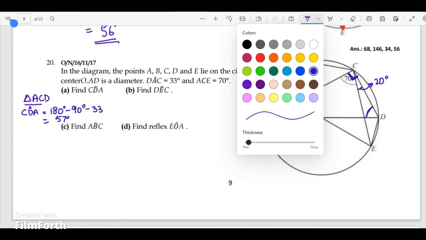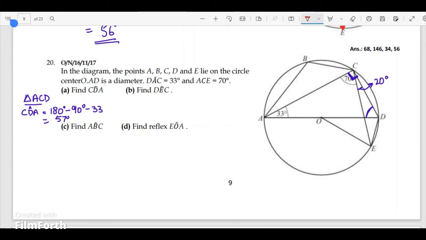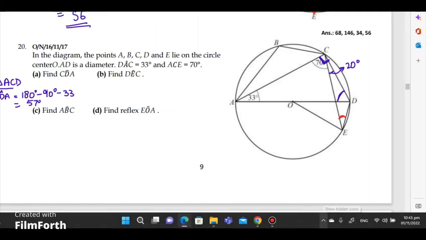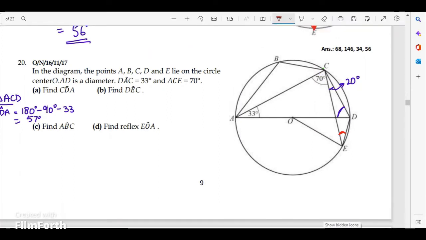Next up, we have to find angle DEC, this right here, this small bit. Let's see where this angle is coming from. This angle is coming from the C and D point, this chord right here, or this arc, whatever. The same arc or the same chord is making this angle as well.